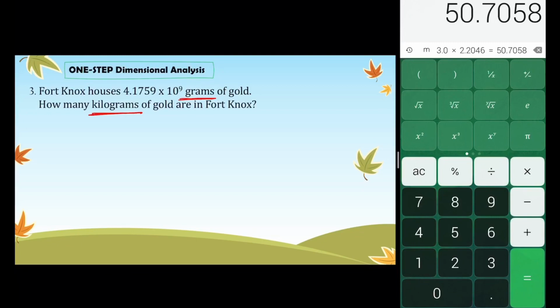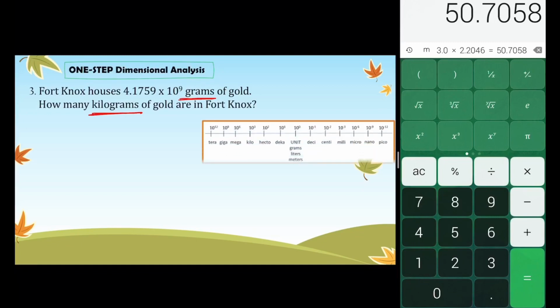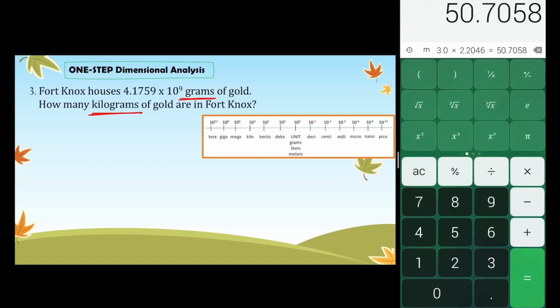Let's bring in a little table of prefixes that hopefully is familiar to you. These are metric prefixes that are listed from greatest to least. You'll notice the base unit is in the middle here. So we're dealing with grams this time, that's in the middle. And kilograms is our prefix, kilo is our prefix.